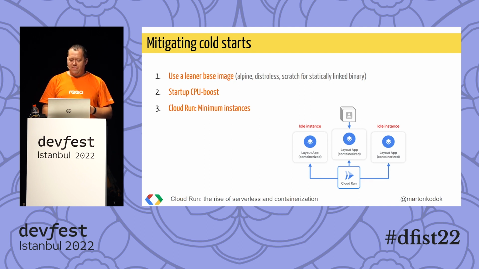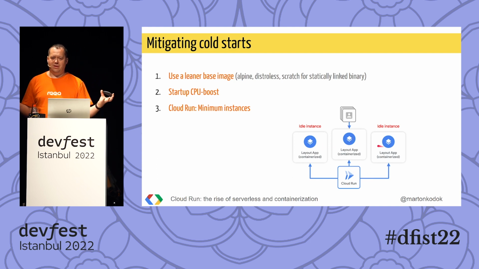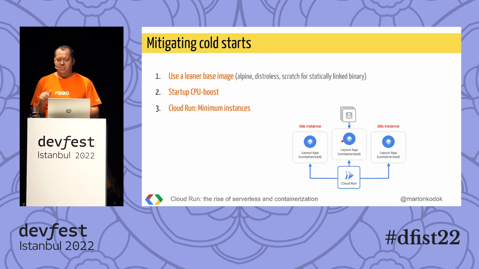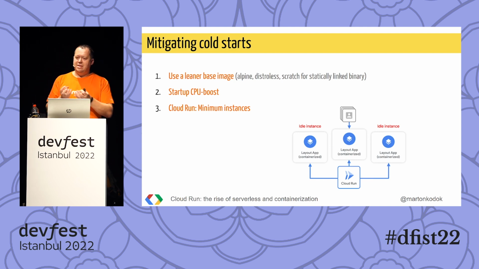In the image, you have your code, the image itself, the main application, and there are idle instances waiting for traffic. And you can instruct this. It's a different billing model because you actually set the idle instances. The good news is that it costs somewhat less to have an idle instance for that.